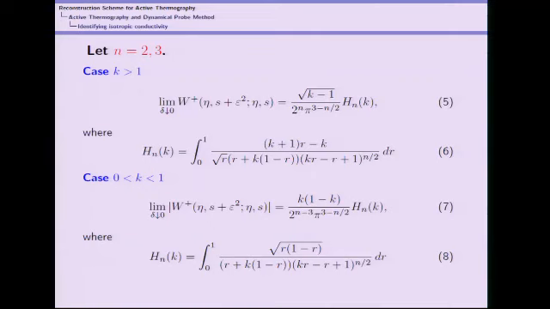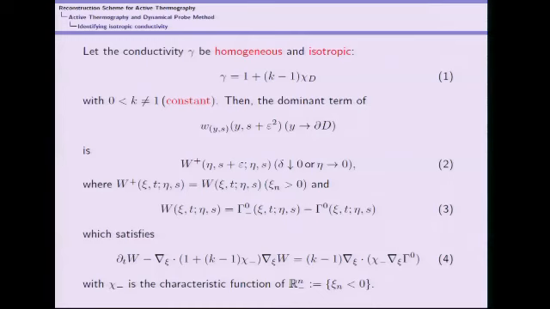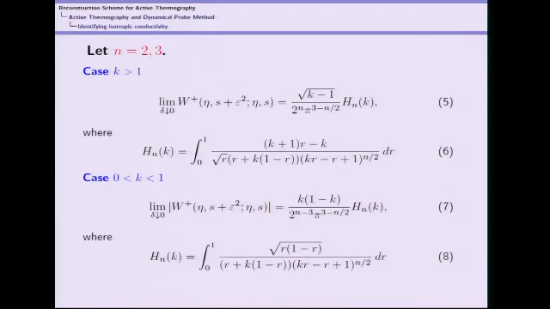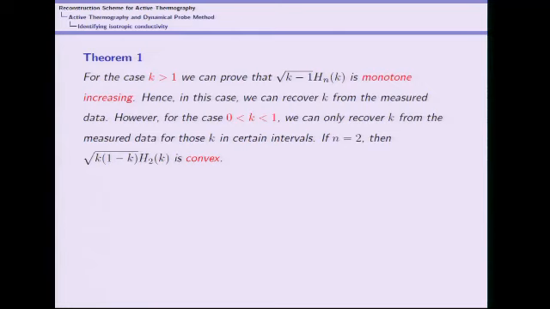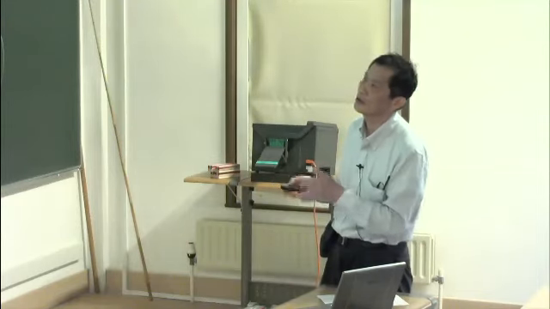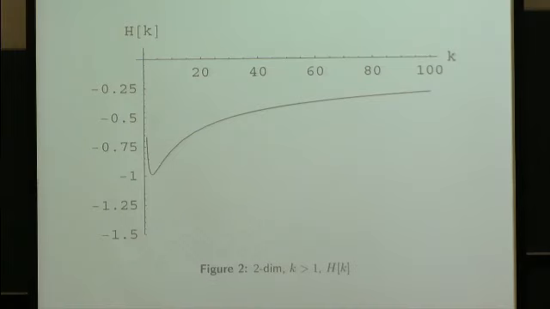So the square root of this times this is convex. So we can still use its property to do some kind of identification. So maybe I should end, or let me show you some pictures of hk.